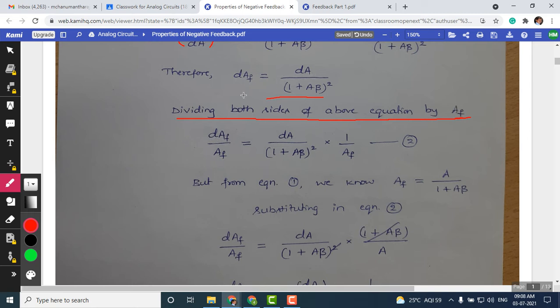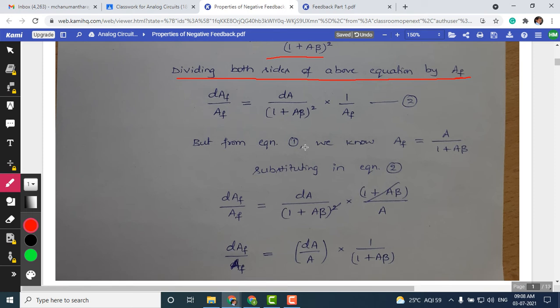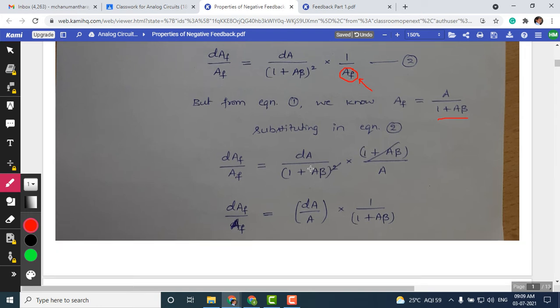So you can see dAF by AF is equivalent to dA by (1 plus A beta) whole square into 1 by AF. Now we know what AF is, the amplifier gain with feedback, given by A divided by 1 plus A beta. Now we can substitute this here.